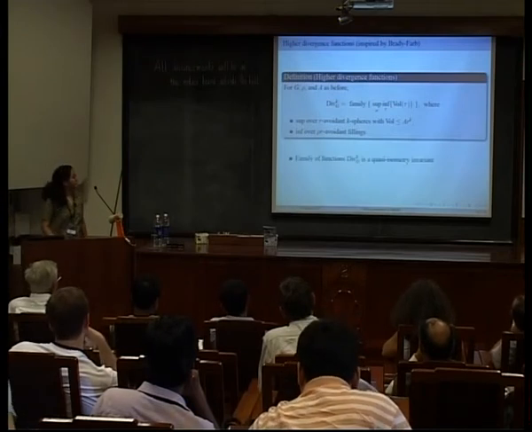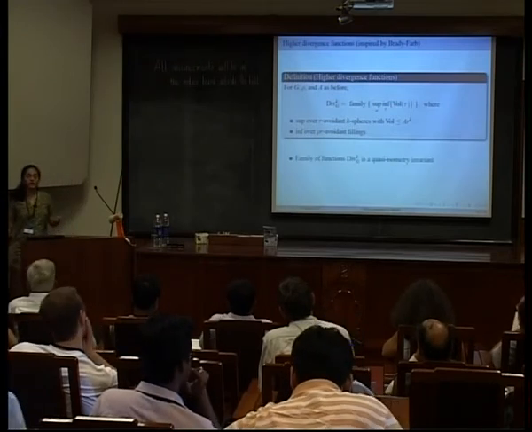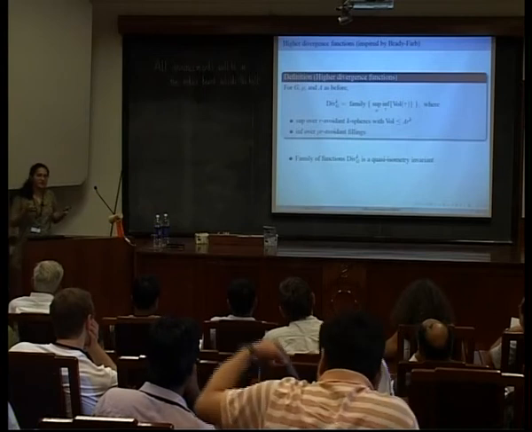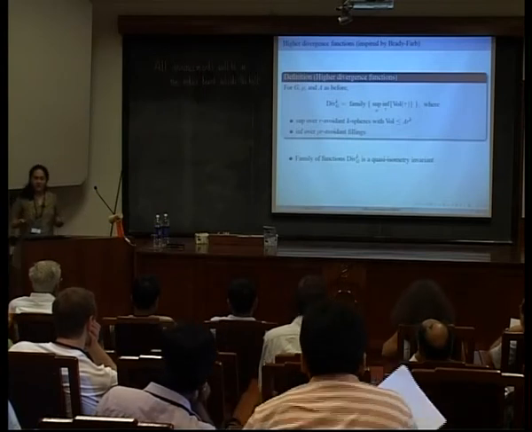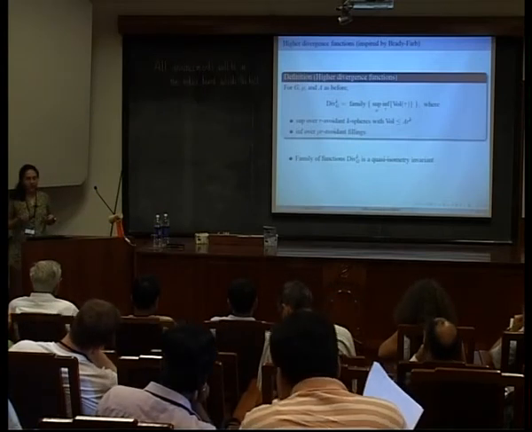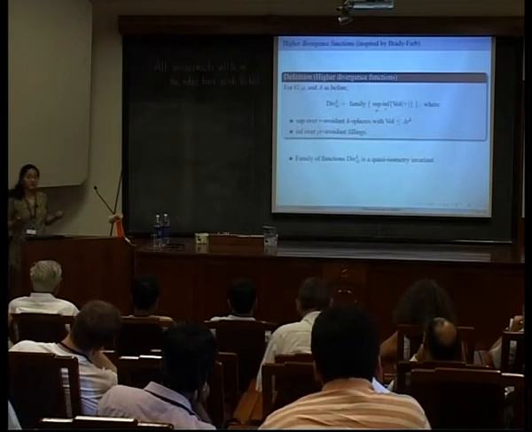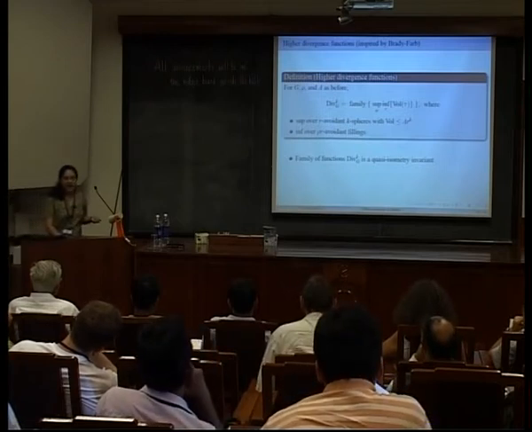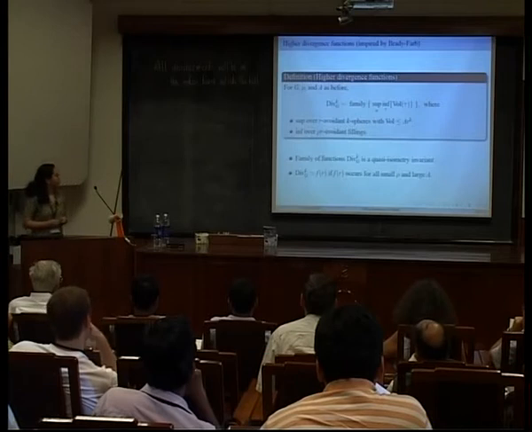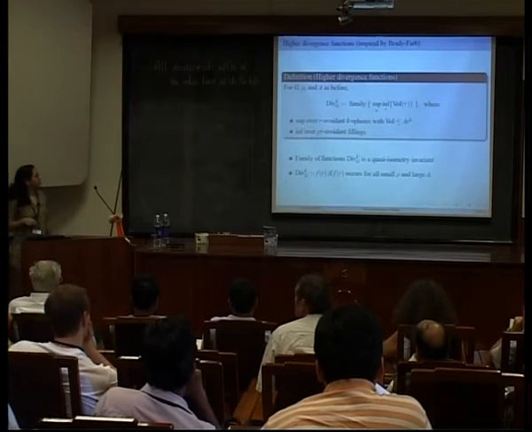Again, you need to say what it means for a family of functions of two variables to be equivalent, but there is a reasonable notion with respect to which this is a quasi-isometry invariant. And again, for the purpose of this talk, I'm just going to make this definition.